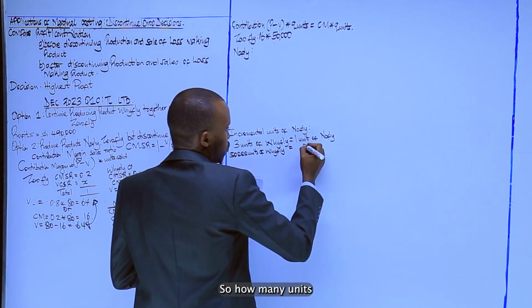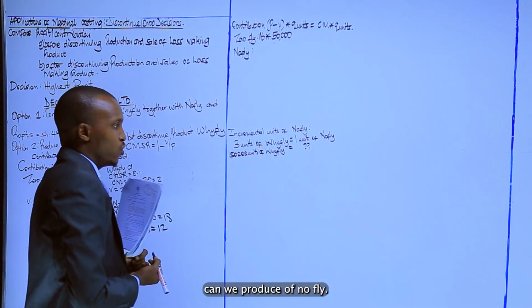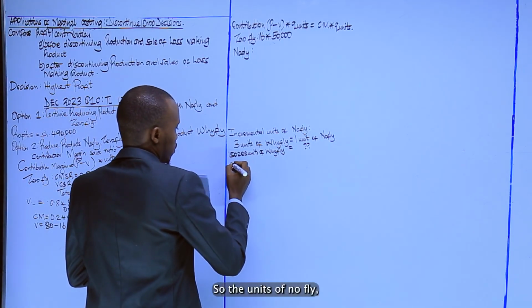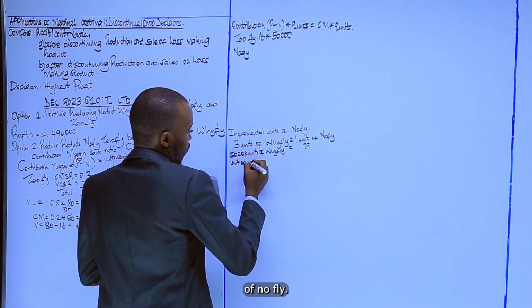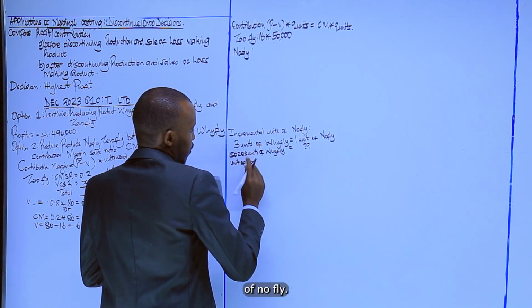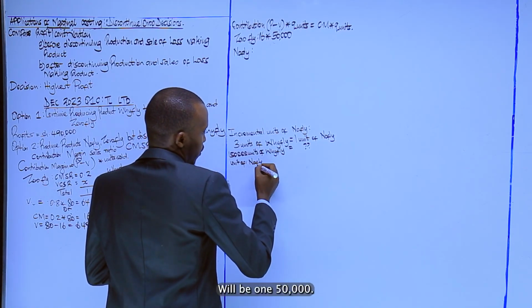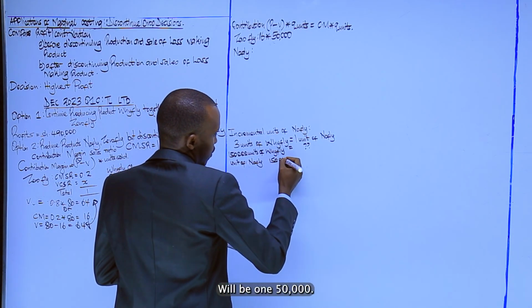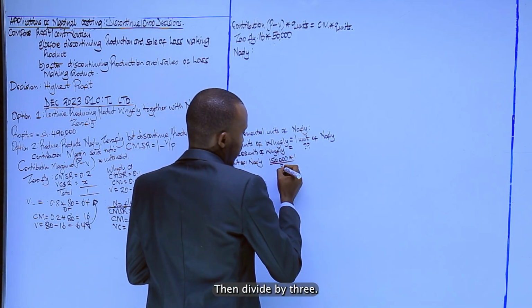So how many units can we produce of No Fly? The units of No Fly will be 150,000 multiplied by 1 unit, then divided by 3.